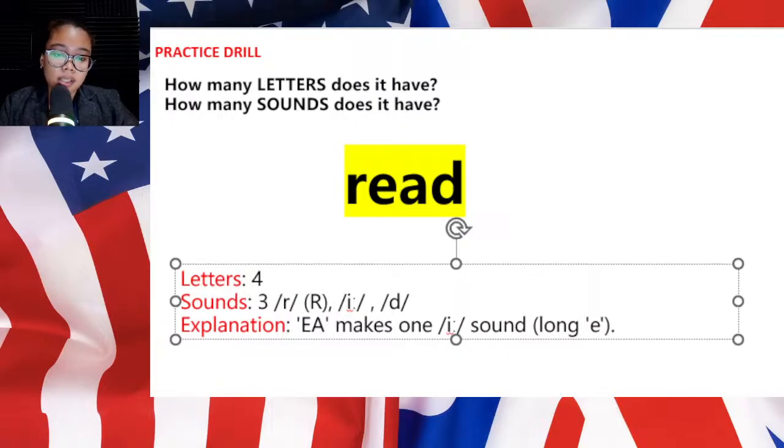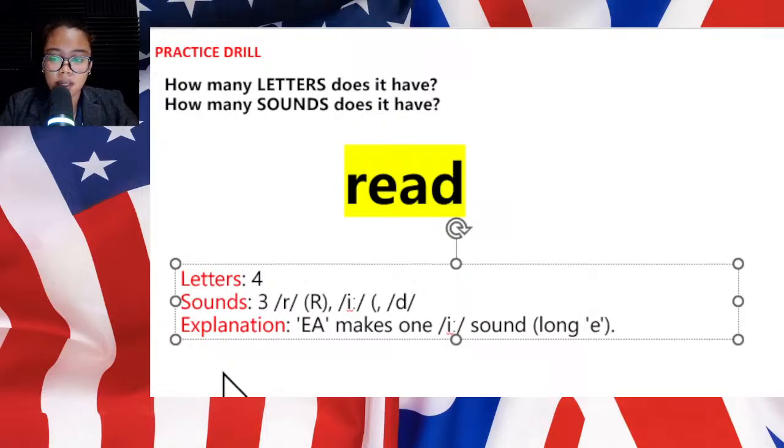Now here again, the first sound is the R sound. The second sound is the E sound. This is the long E sound, like in sheep or tree.